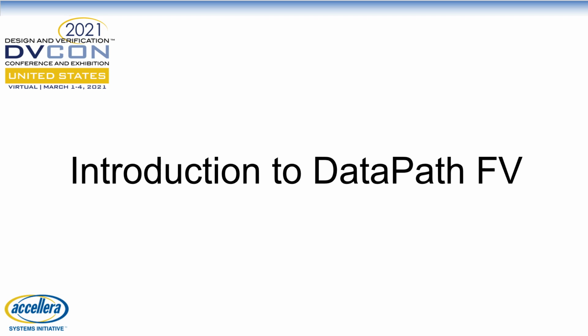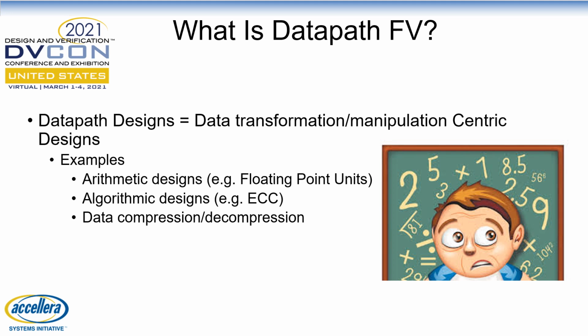So first we talk about what exactly is datapath formal verification. Datapath designs are those designs that deal with data transformation or manipulation. For example, all of the arithmetic designs like integer and floating point operations, shift operations, they all fall under the category of data manipulation.